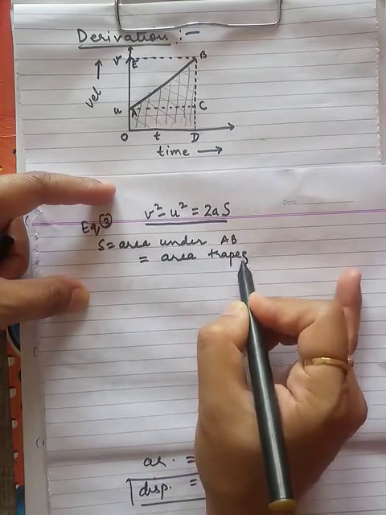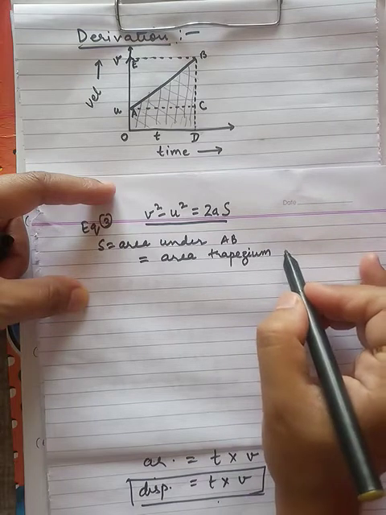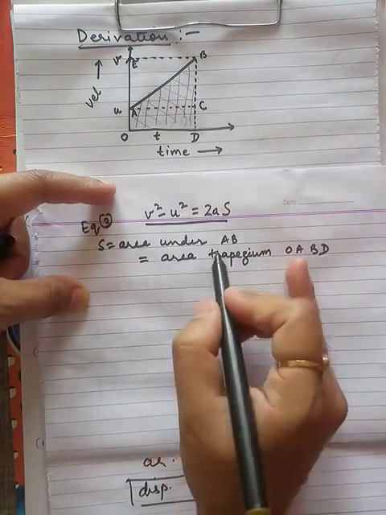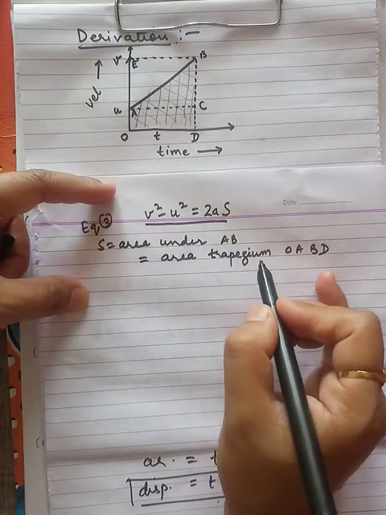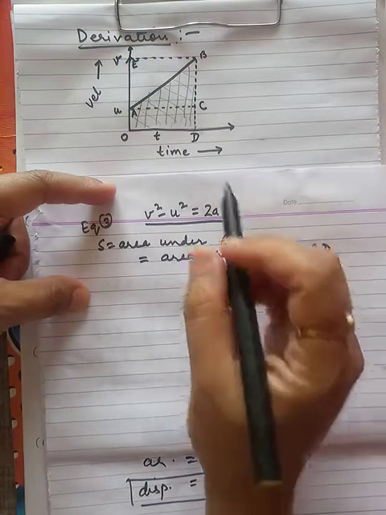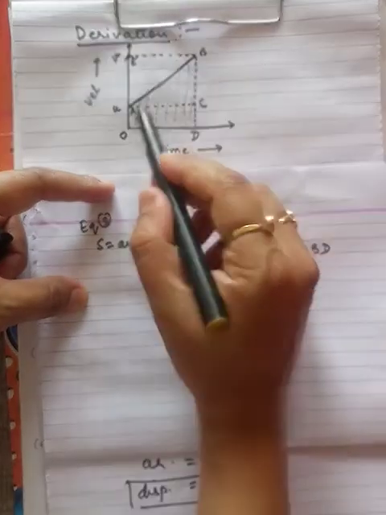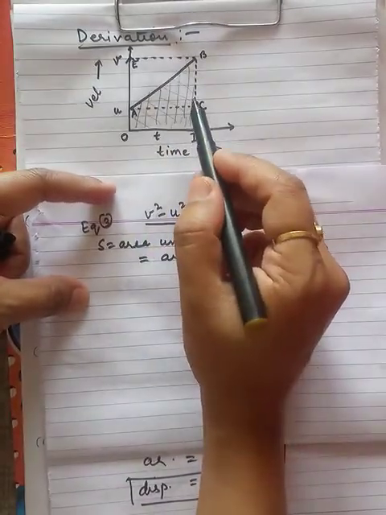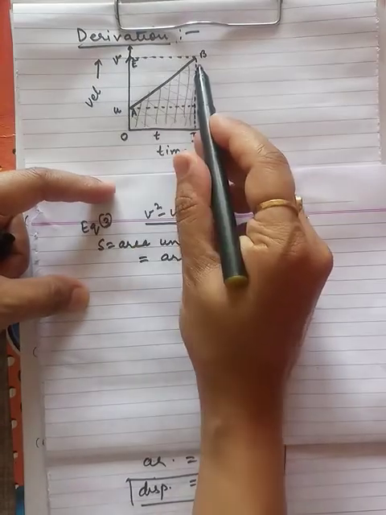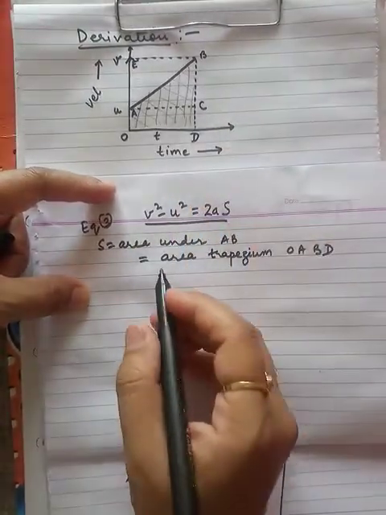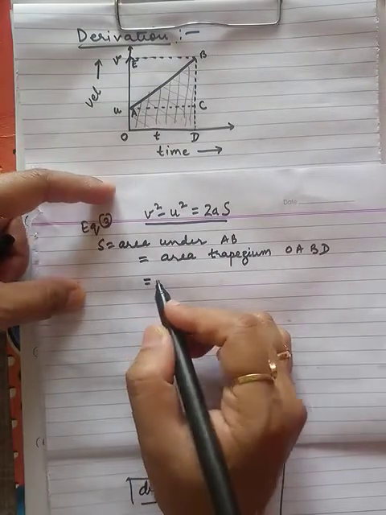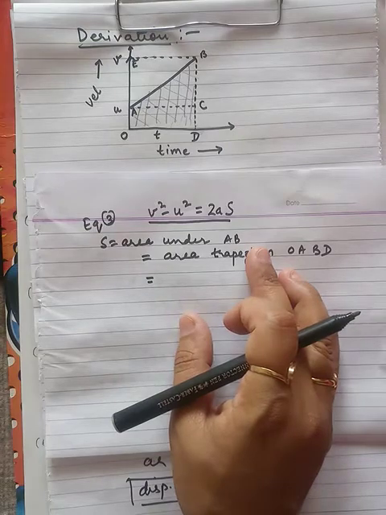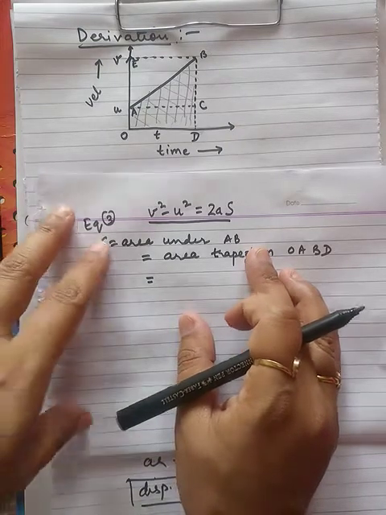We will consider the whole trapezium OABD, right? In the previous case, in the second equation derivation, we considered the area of the trapezium as triangle plus rectangle, but in this case we will consider the area of the trapezium as a whole. So what is the area of a trapezium? It is half the sum of parallel sides multiplied by height.